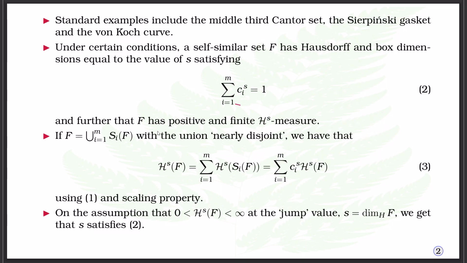And further that F has a positive and finite s-dimensional Hausdorff measure. If you write F as a union of the similarity mappings S_i of F, with the union nearly disjoint, we have that the s-dimensional Hausdorff measure of F can be written as a union of H^s of S_i of F, by the scaling property, because S_i of F is scaled by the factor c_i.